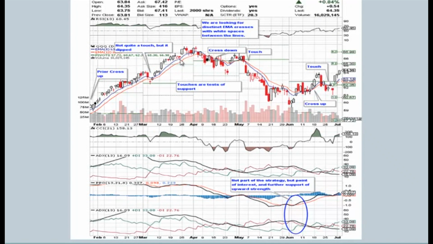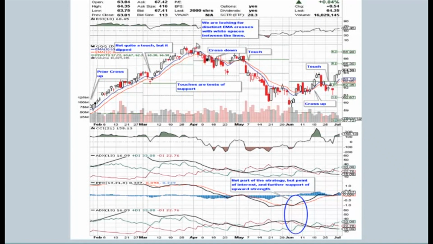Here's a little tiny area also, and it incorporated 2 red candles, and the cross actually took place right here. So this is an indication that here we've had a nice long uptrend, and this cross actually took place at this point where you can start seeing some white space between the lines, and we're looking for actual crosses.